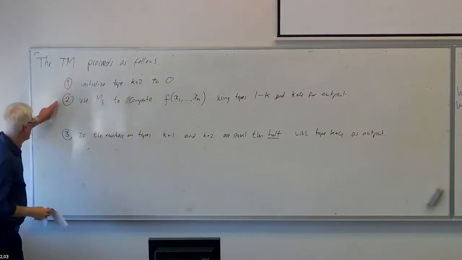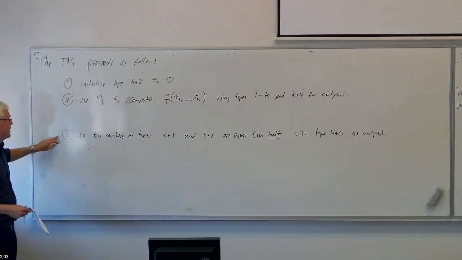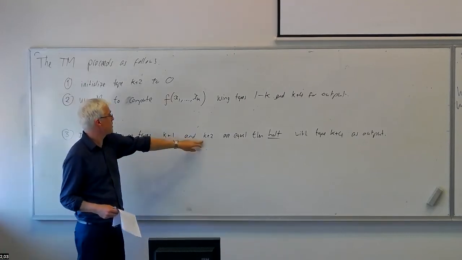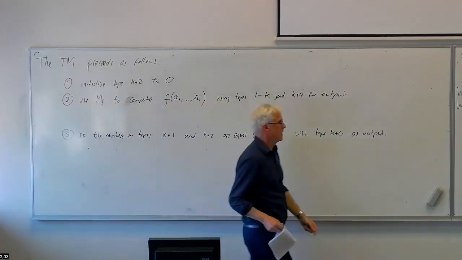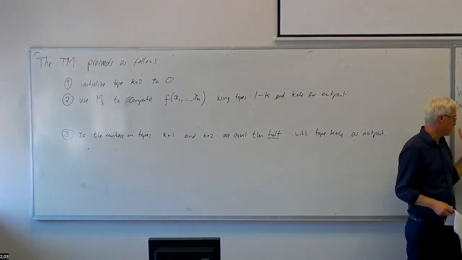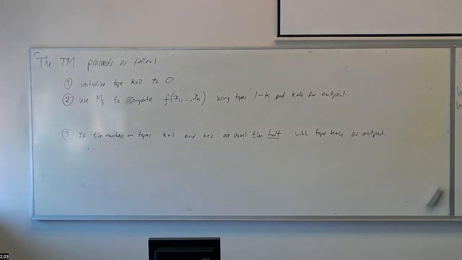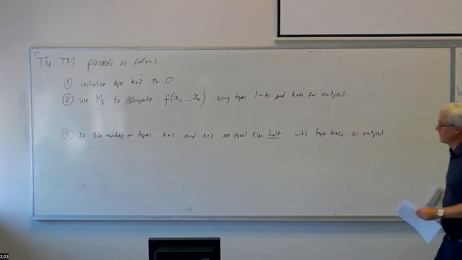So at this point, going through 1 to 3, if the numbers on tapes k plus 1 and k plus 2 are equal, that means that the k plus 1 argument, the argument x we gave, is equal to the 0 that we initialized k plus 2 to. So that means x is 0, and indeed we do want to return f of x1 through to xk as the output.